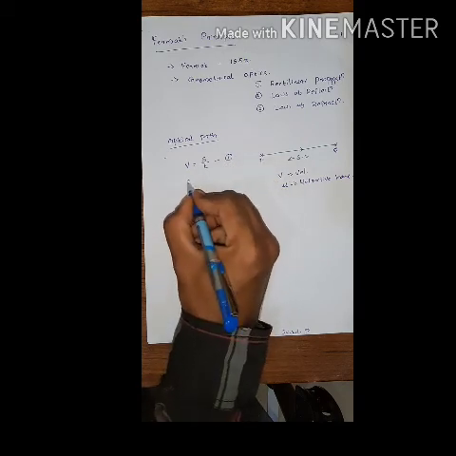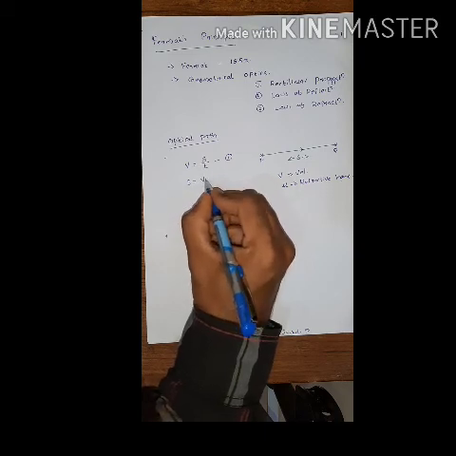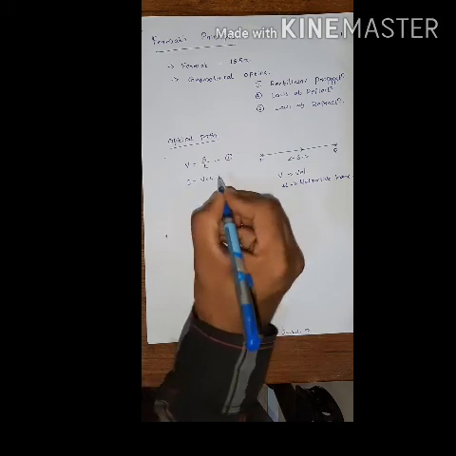Then we can write S, the distance between P and Q, as V times T.